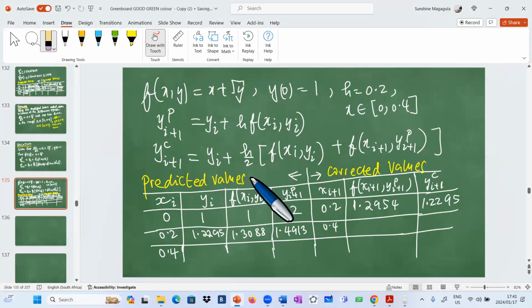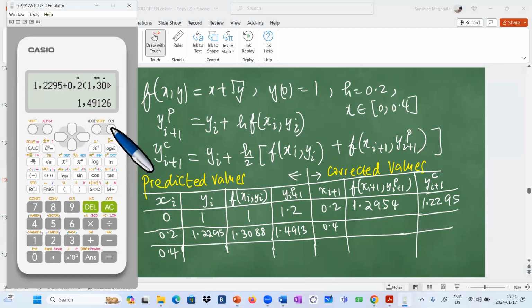With that said, we need to pick up the calculator. Now we're going to use the xi plus 1. Here, xi plus 1 is 0.4. And now the yp, you take the square root of it.